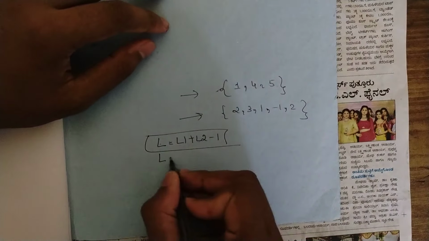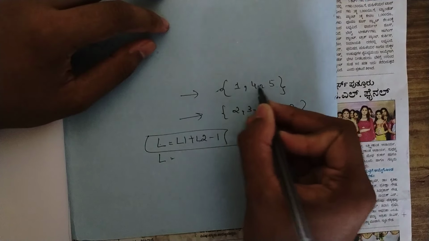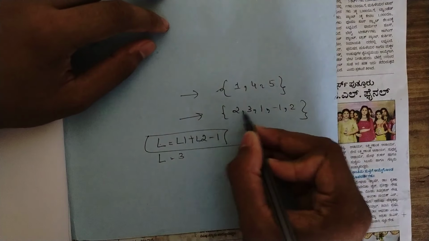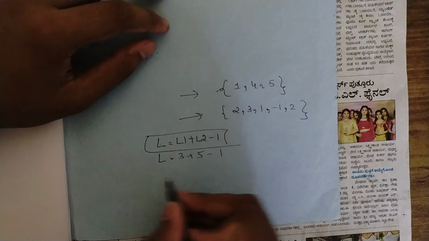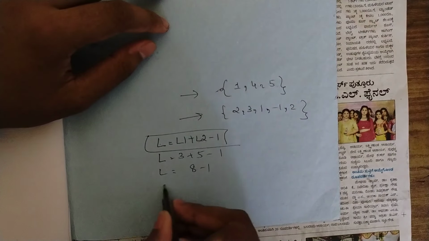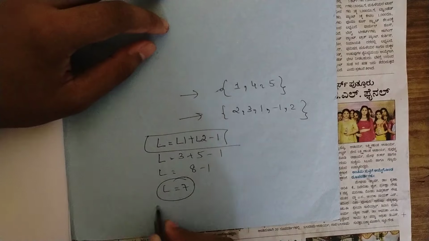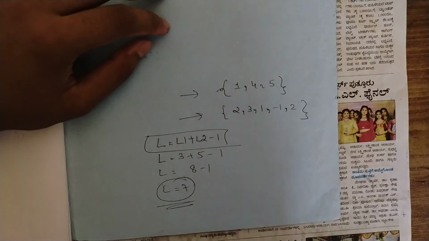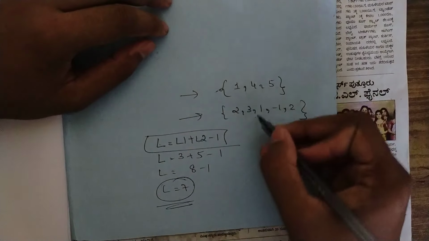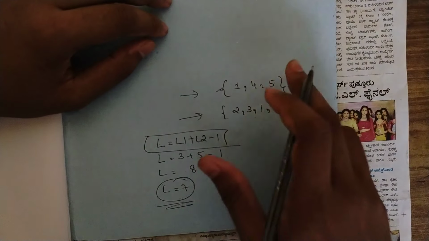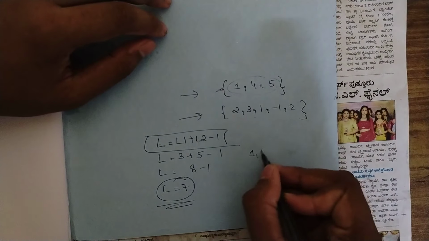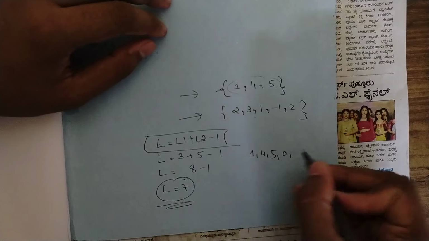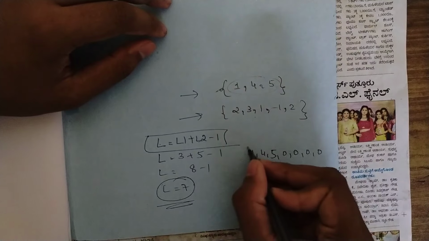So L is equal to the length of the first sequence, in this case 3, plus the length of the second sequence, which is 5, minus 1. That is 8 minus 1, 7. So here we got L as 7. Now we should make the length of both sequences 7. In order to make this one 7, we should add 4 zeros: 0, 0, 0, 0.